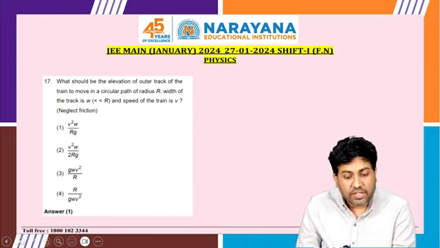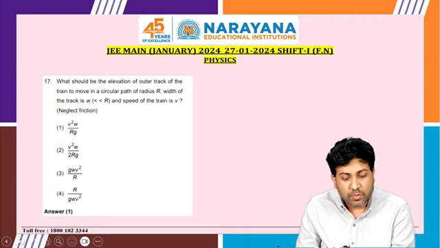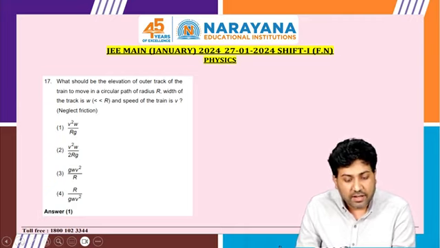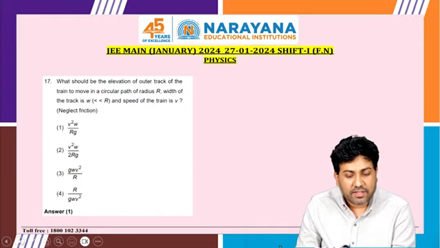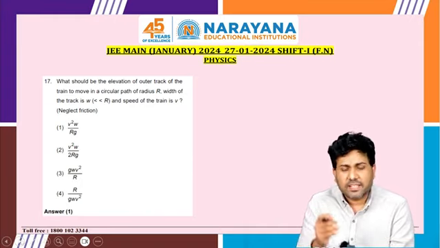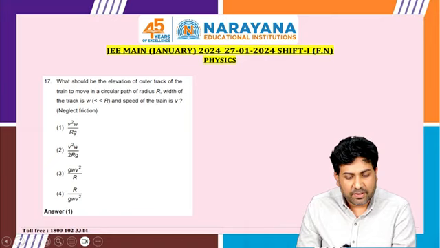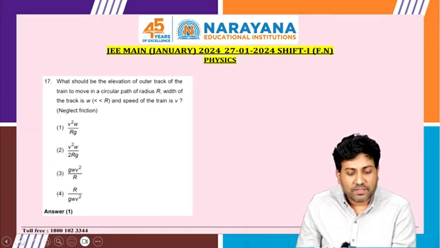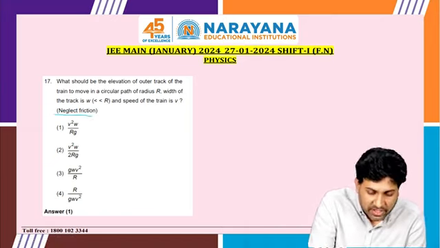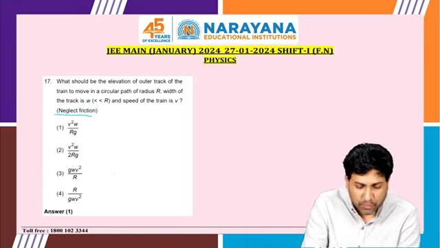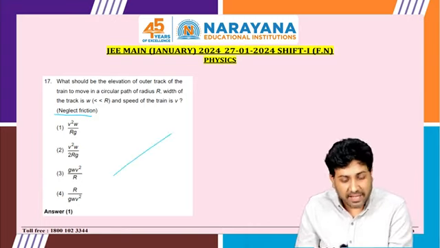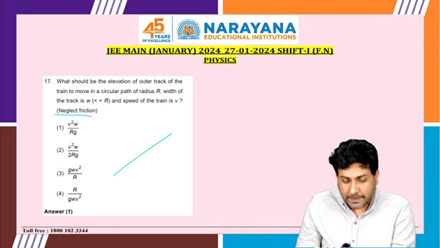What should be the elevation of the outer track of the train to move in a circular path of radius r? It is given the width of the track is w, and the width is very small compared to the radius of curvature, and the speed of the train is v, and we need to neglect friction. So this is a question of the banking of road or the banking of rail lines, whatever they have asked.